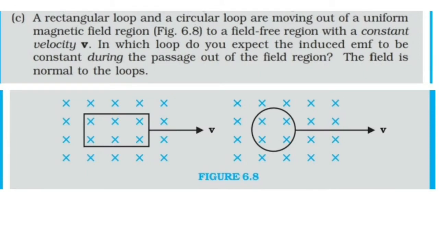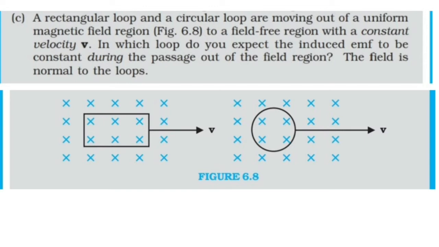Now coming to the C part, a rectangular loop and a circular loop are moving out of a uniform magnetic field region into a field-free region with constant velocity v. In which loop do you expect the induced EMF to be constant during the passage out of the field region?